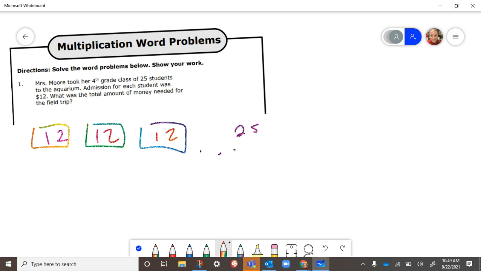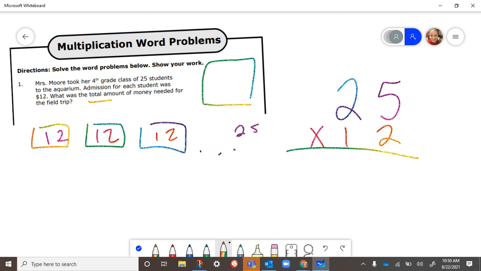If I'm going to try to find the total amount, 12 plus 12 plus 12 plus 12, 25 times, I could do that, or I could just simply multiply. So over on the side here, this is where I want you to show your work, where you actually multiply this out. So I'm going to do it over here on the side so it'll be bigger. We're going to do 25 times 12.